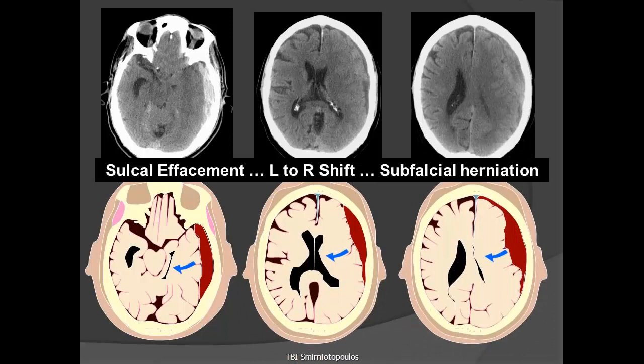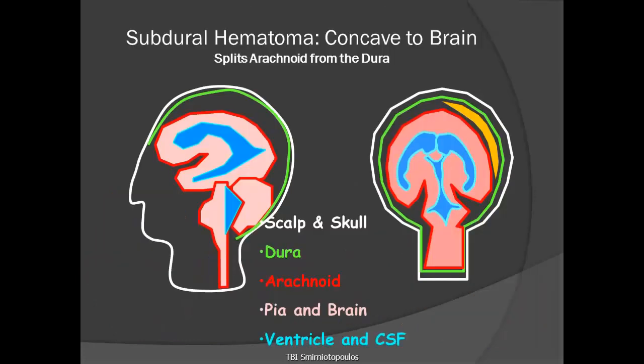So if we look diagrammatically at 3 sections from the same patient, we can see how, number 1, the sulci are effaced, number 2, there is a nearly iso-attenuating extra-axial collection, except in the lowest section in the middle cranial fossa, and 3, we can also see that there is midline subfalcial herniation.